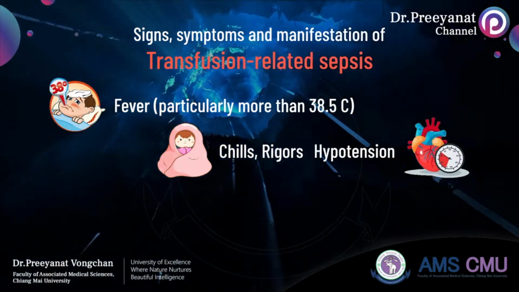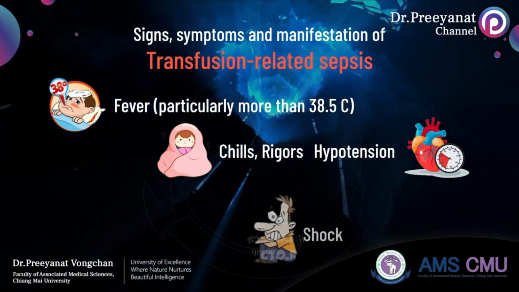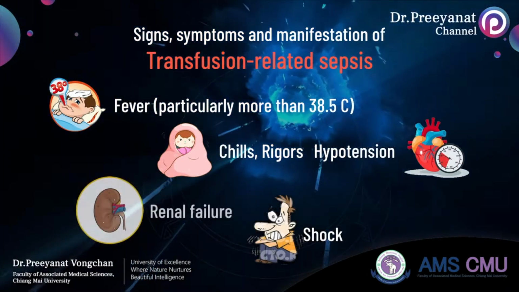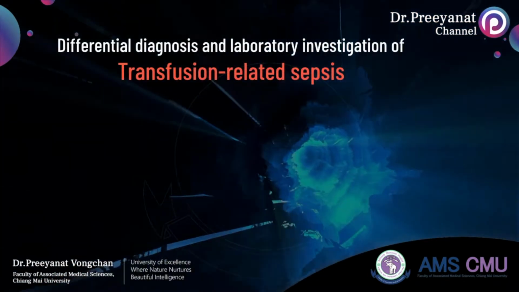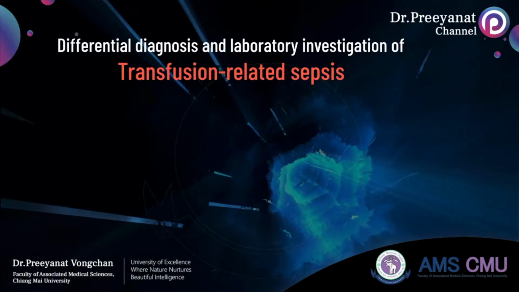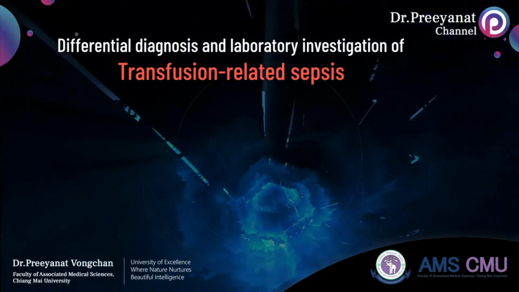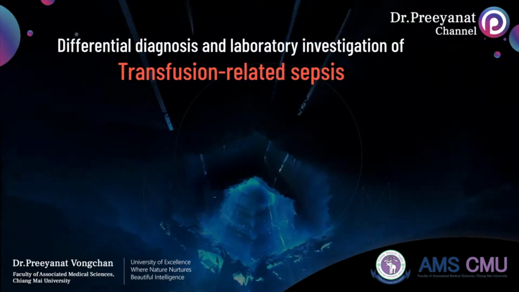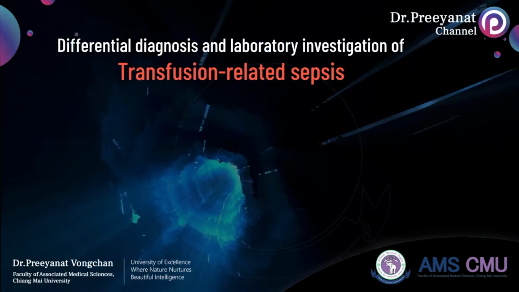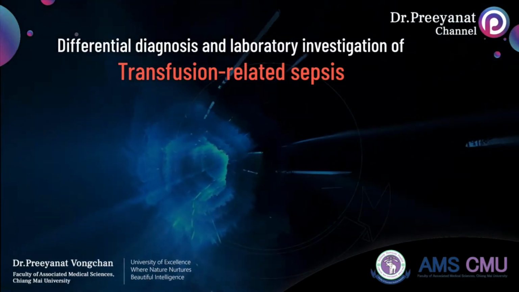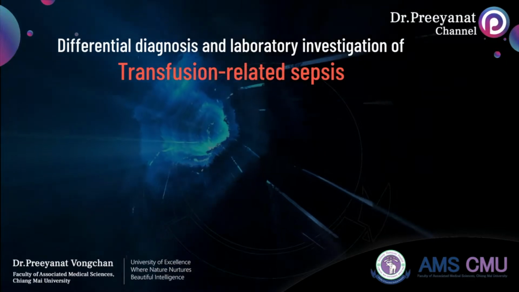Sepsis from gram-negative bacteria causes more severe effects including shock, renal failure, and DIC. The abruptness of onset and severity of signs and symptoms of bacterial sepsis may be similar to acute hemolytic transfusion reaction, and a mild case may be confused with febrile non-hemolytic transfusion reaction.